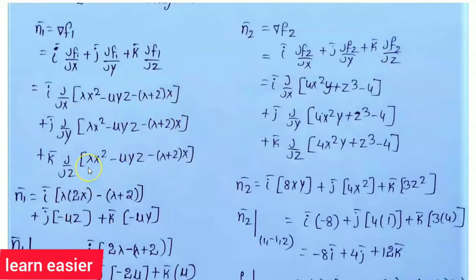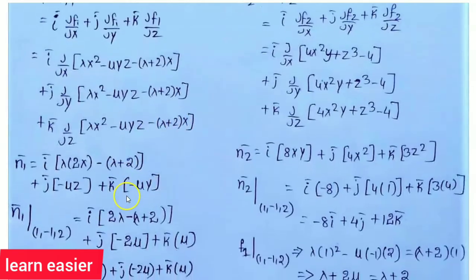Now we take the derivative with respect to z, taking x and y as constant, so this term becomes 0 after differentiating. Here we have the z term, so the derivative of z is 1, so 1 into minus mu y. Here we have no z term, so this term becomes 0. So we get only minus mu y.